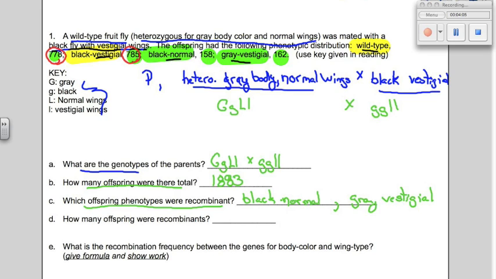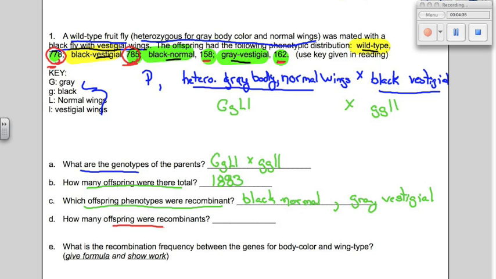If you want to just look at the numbers of offspring produced, you'll notice that the wild type flies and the black vestigial flies have a much higher number of offspring produced. This should set off little red flags for you, saying that because these numbers are occurring in so much greater quantity than the other two, those must be the parentals. This also should set off flags saying, aha, these genes are linked because I'm not seeing an equal 1-to-1-to-1-to-1 ratio between the four offspring phenotypes.